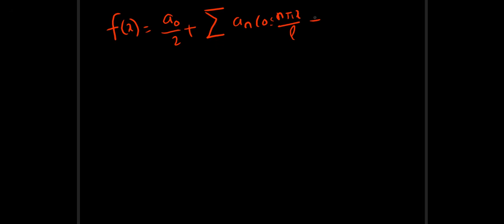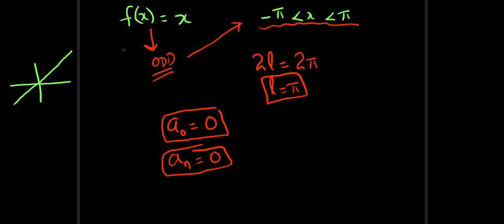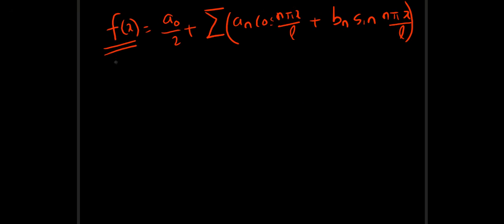So look at this. Let the Fourier series be f of x is equal to a0 by 2 plus sigma an cos n pi x by L plus bn sine n pi x by L. So we will substitute. What was f of x? I'll show you the last page. Yeah, f of x is equal to x.